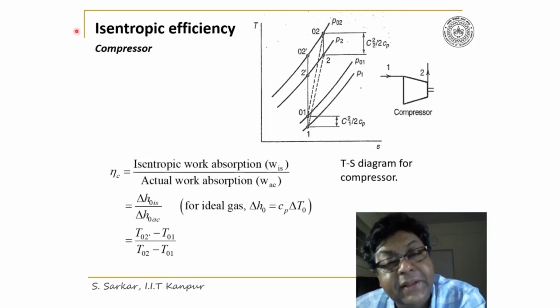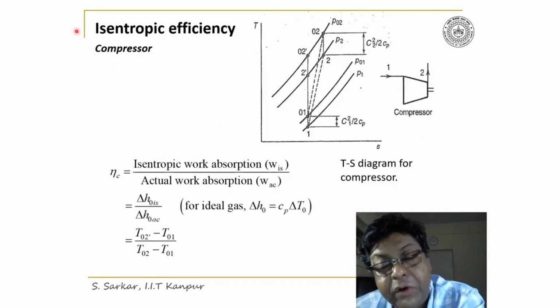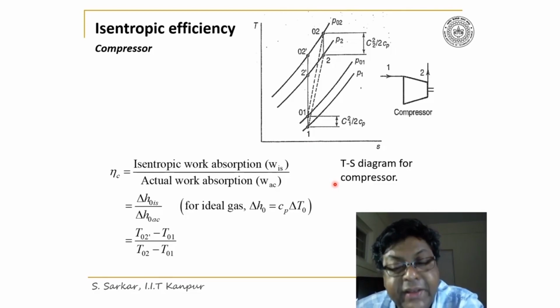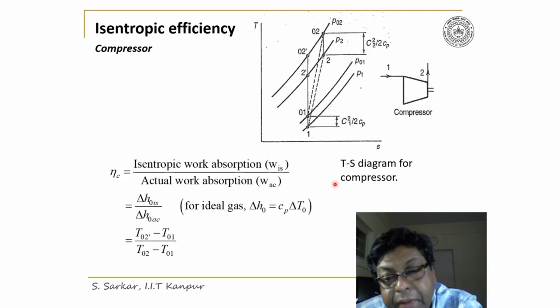Let us consider the isentropic efficiency of a compressor. This TS diagram explains the process of compression, both actual compression and isentropic compression.